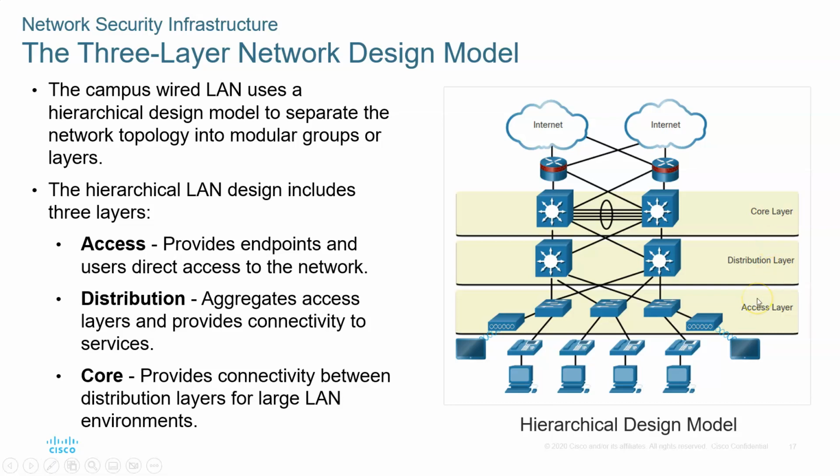It's more secure. It's better for management as well. So the benefits of a 3-layered network design model, the hierarchical method, are better security, scalability, better management, and much better performance. You definitely want to do it this way.